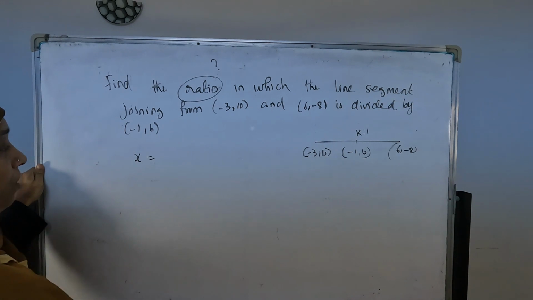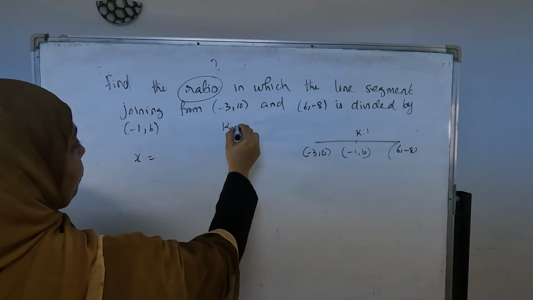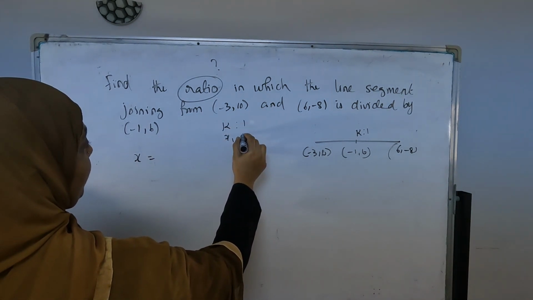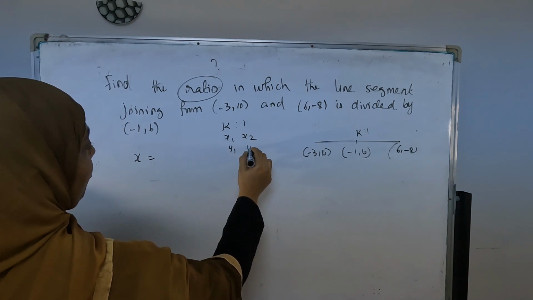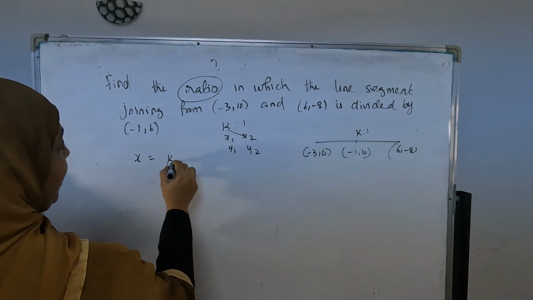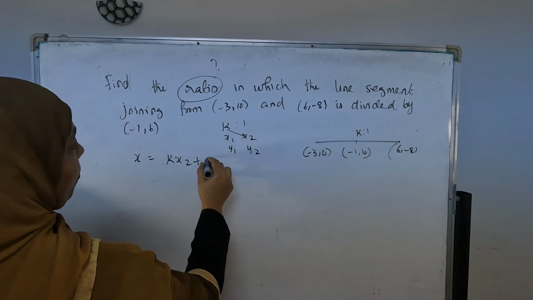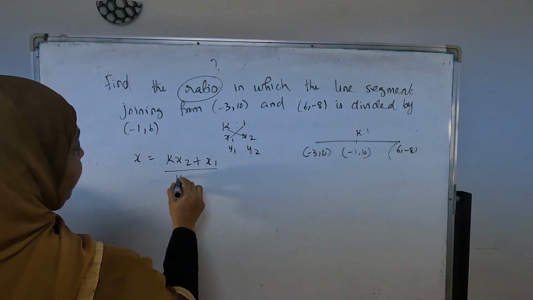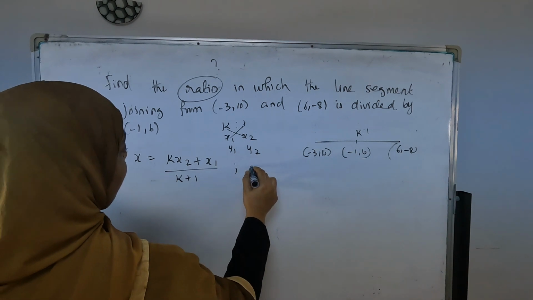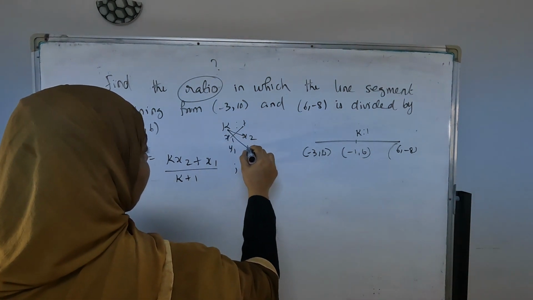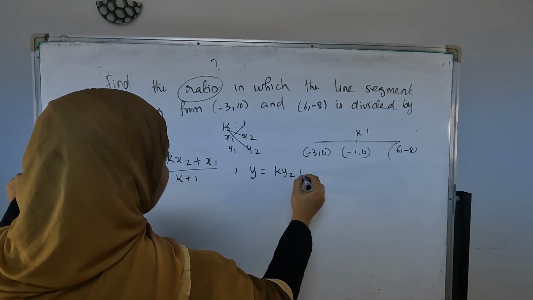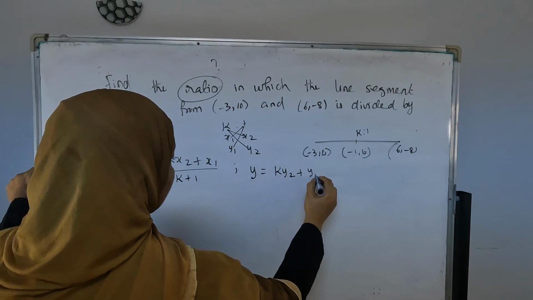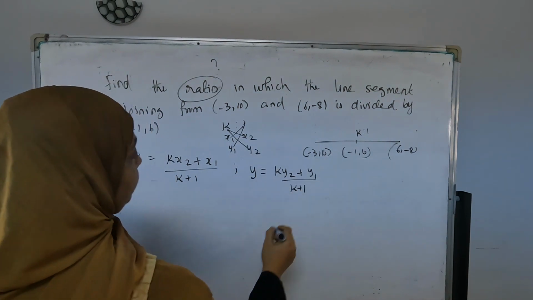To find the ratio, the formula is x is equal to (k x2 plus x1) by (k plus 1), as well as y is equal to (k y2 plus y1) by (k plus 1).